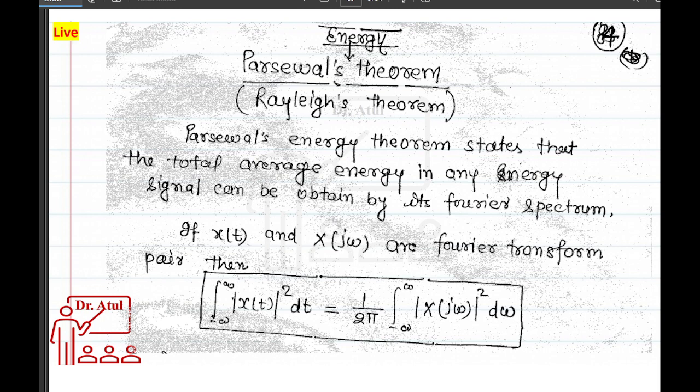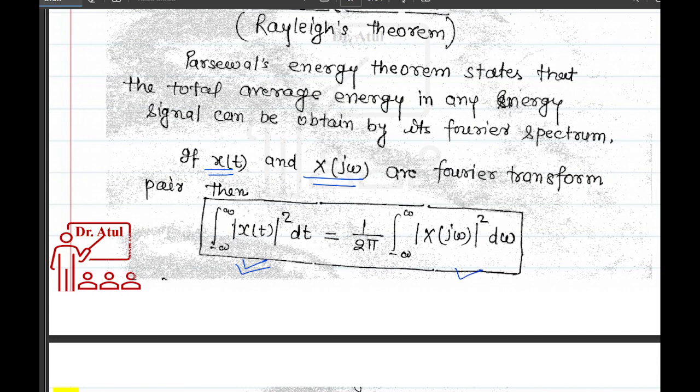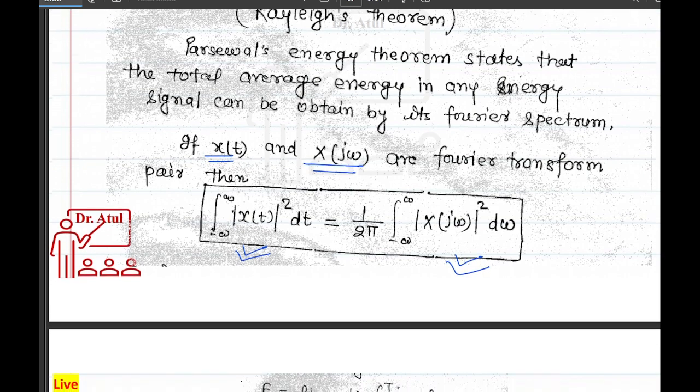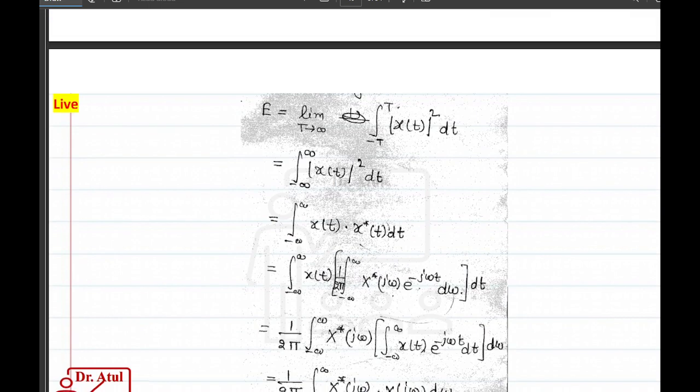So if I have x(t) as a signal and X(j omega) as the Fourier transform of the signal, then the integration from minus infinity to infinity of |x(t)| squared dt is equal to 1 upon 2 pi times the integral from minus infinity to infinity of |X(j omega)| squared d omega. Let us take a simple proof of this expression.